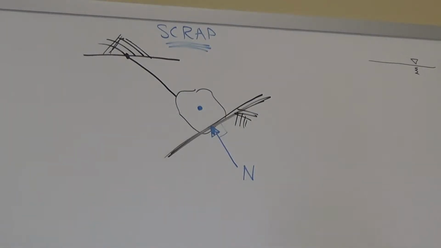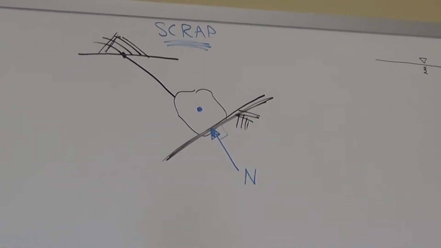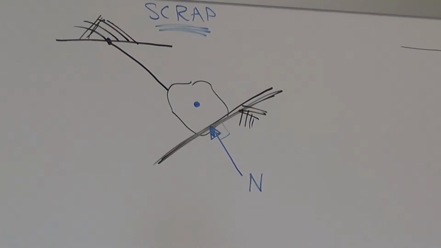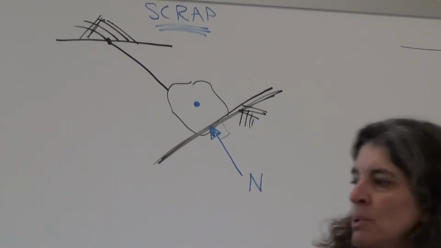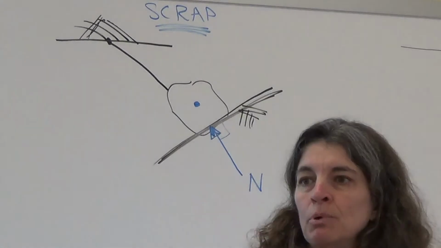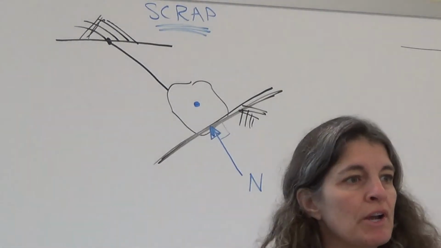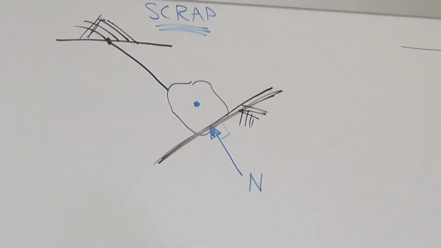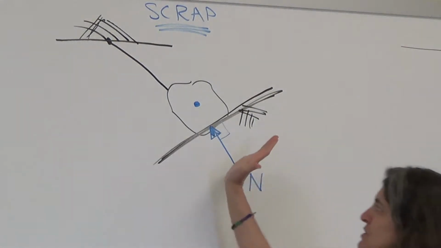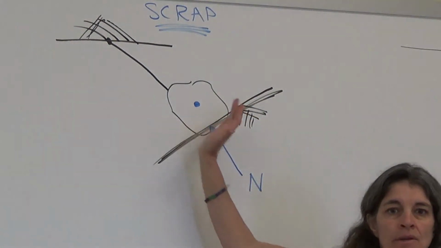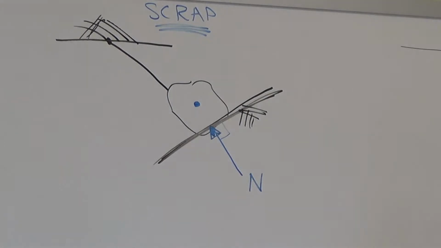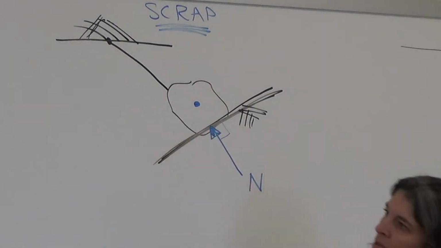So would you say it's a tension or a compression force? Tension is a pull, compression is a push. What is it, tension or compression? Compression. This inclined surface is pushing up on this. Okay, that's normal. How about friction? Let's do friction last.